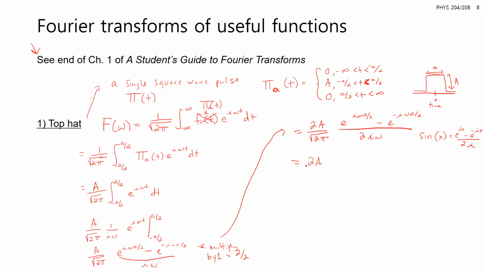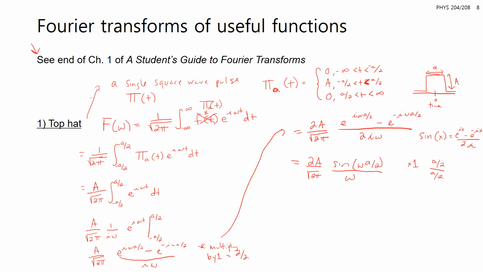So we have 2 capital A divided by the square root of 2 pi times sine of omega a over 2, divided by omega. We're going to simplify this down again by multiplying by 1, where 1 is going to be a over 2 divided by a over 2.